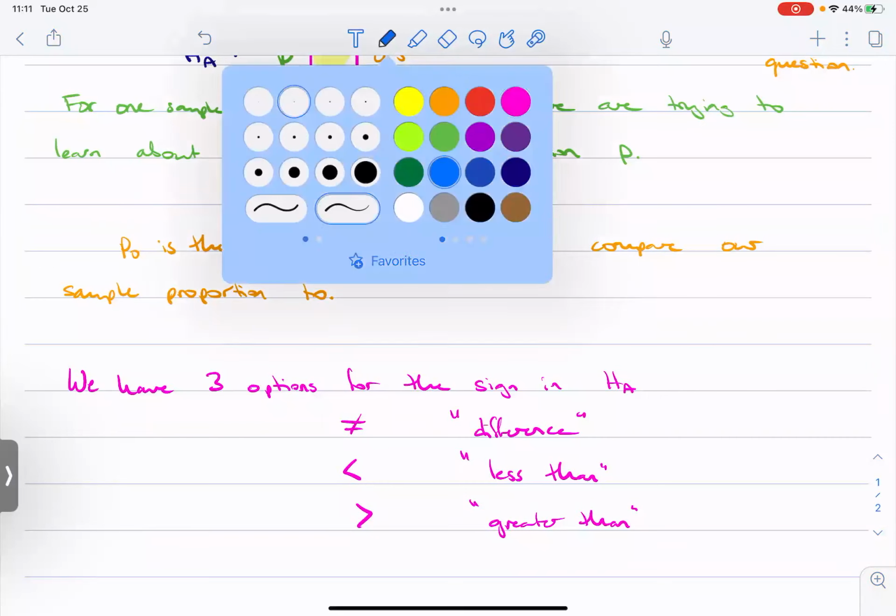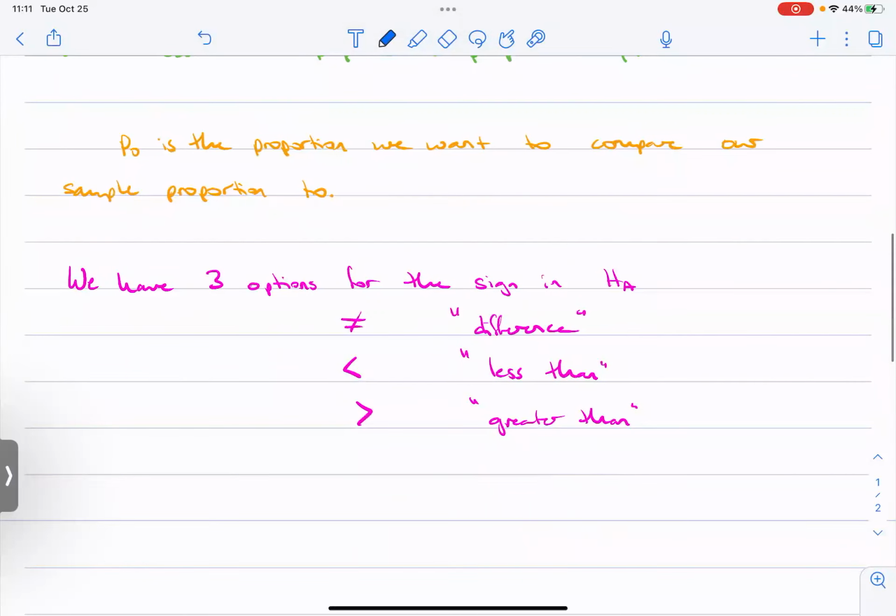And this is where we say, if it's not equal to, so if I just want to know if there's a difference, then that's what we call a two-sided or two-tailed test.